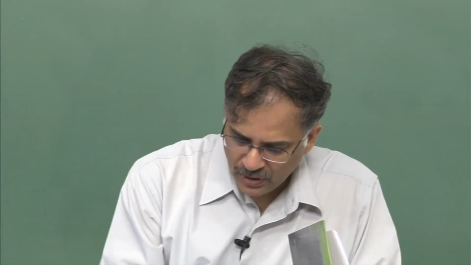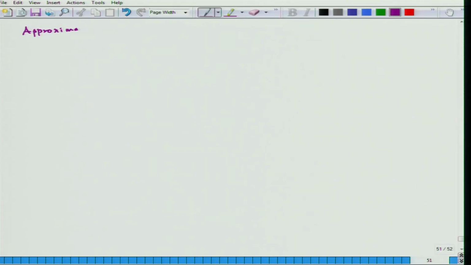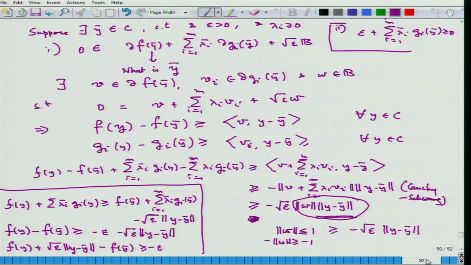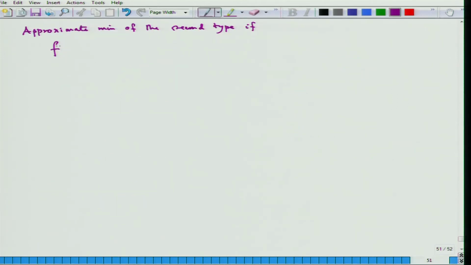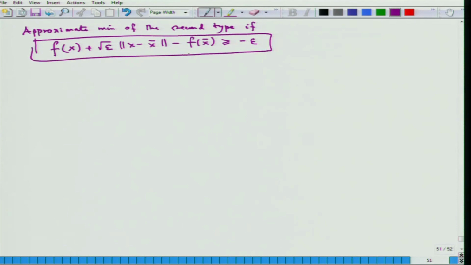So, we can say an approximate minima of the second type, if you have f of x plus root epsilon norm x minus x bar minus f x bar is bigger than minus epsilon, then x bar is an approximate minima of the second type.